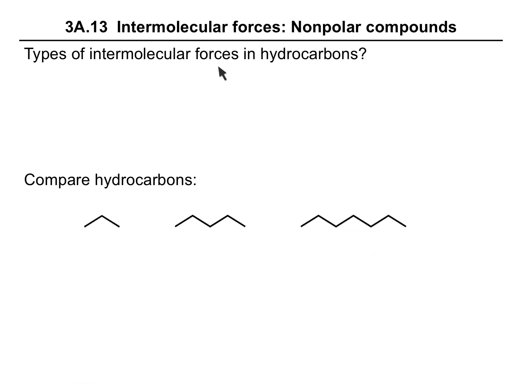What about intermolecular forces in hydrocarbons? On the previous slide, we saw dipole-dipole interactions in a special case called hydrogen bonding, but hydrocarbons have no significant dipole. So what holds these molecules together with each other?